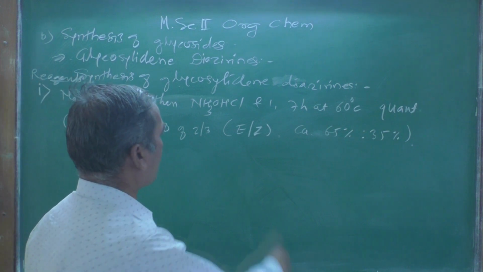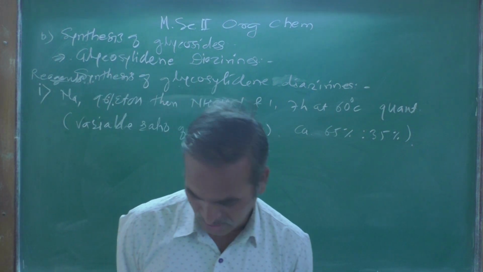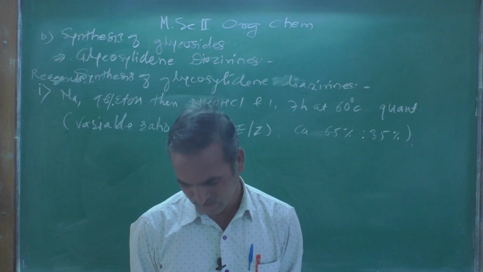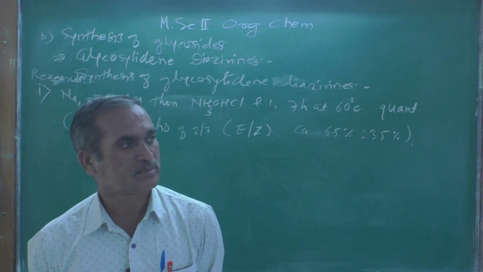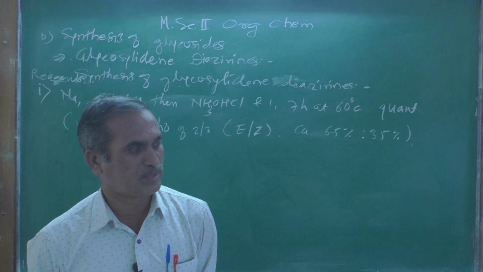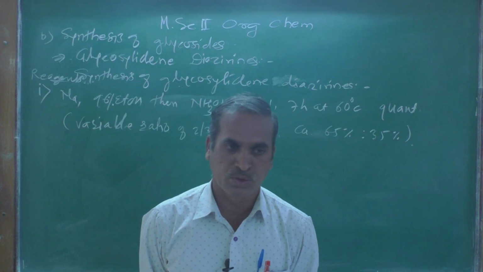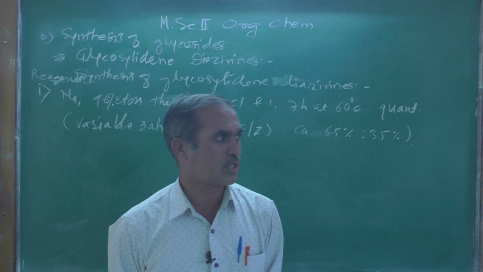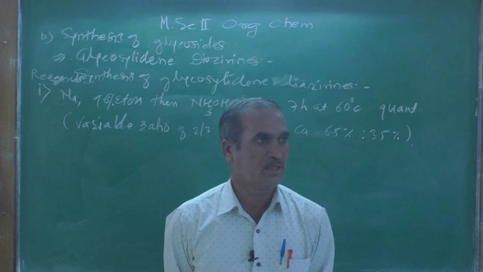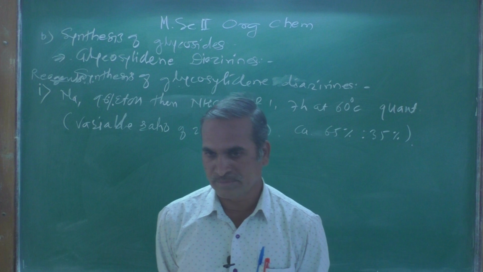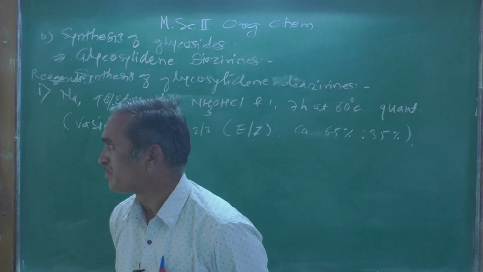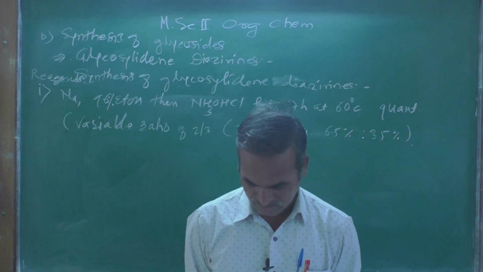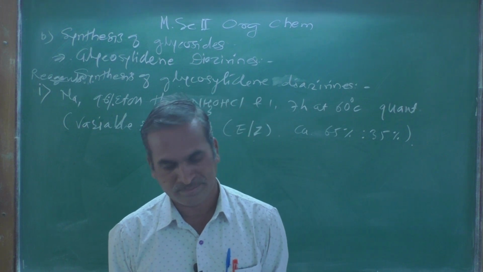Generally we are getting E and Z. As we know, E and Z is the new nomenclature system used for geometrical isomers. And do you know the geometrical isomer? Yes. What is that? Geometrical isomerism means the rotation is restricted due to the carbon-carbon double bond, and the isomerism that gives rise to this is known as geometrical isomerism.